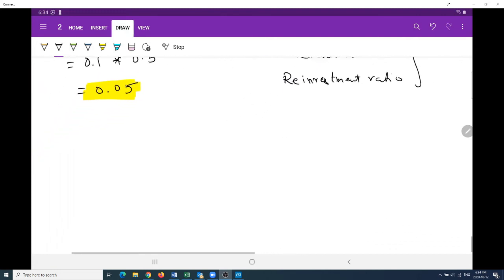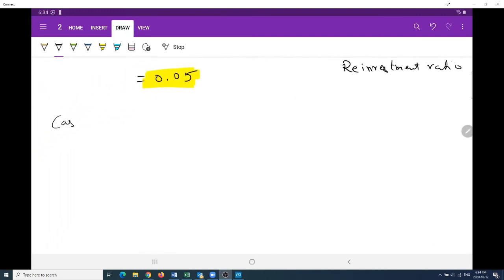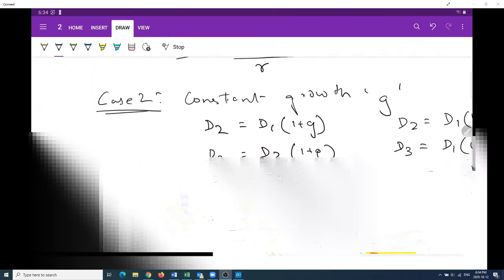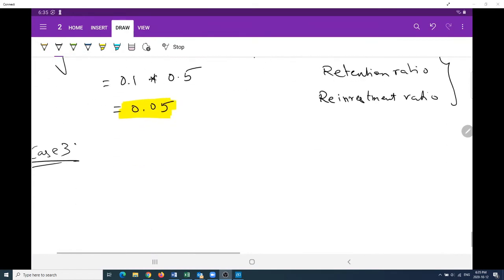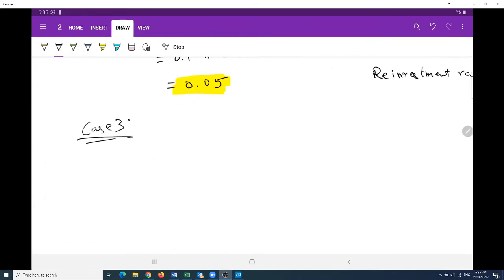And your final scenario is case 3. Okay, so again, remember these are all special cases of your overall dividend discount model, which goes all the way till infinity. So here, we do not know, we just have non-constant growth rates.